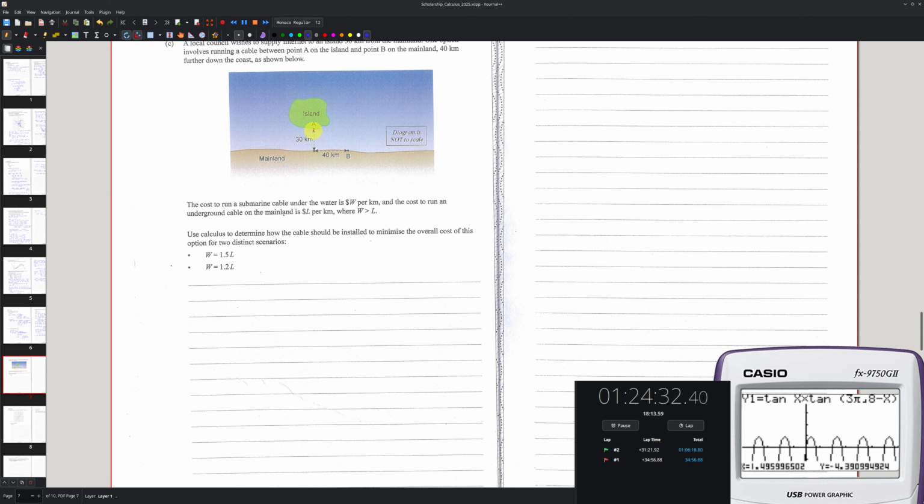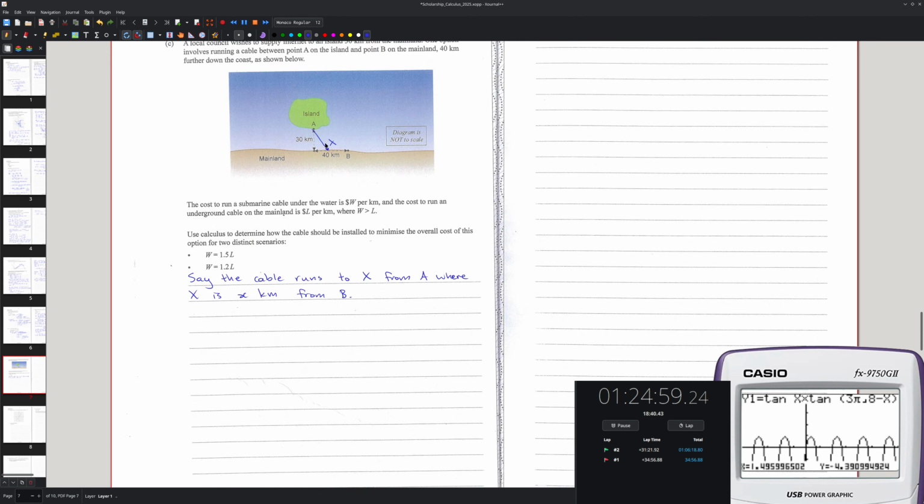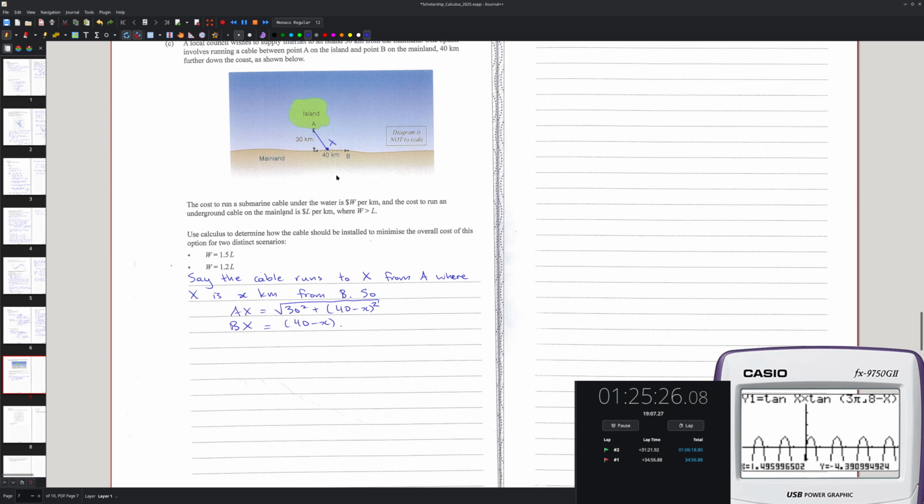Say the cable runs to X from A, where X is X kilometers from B. So AX equals the square root of 30 squared plus 40 minus X squared, and BX equals 40 minus X. This uses calculus.